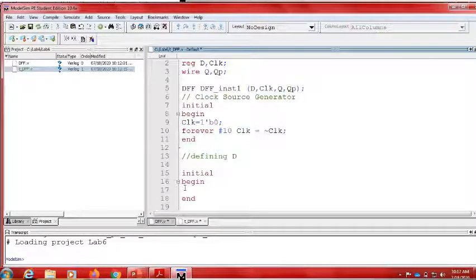For example, we are setting D equals 1'b0, then after a time delay of 5, we are setting D equals 1'b1.